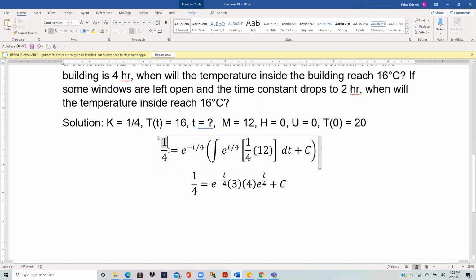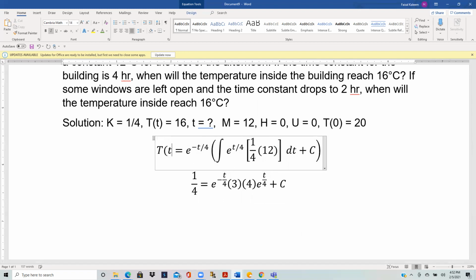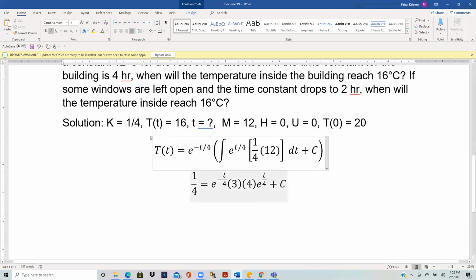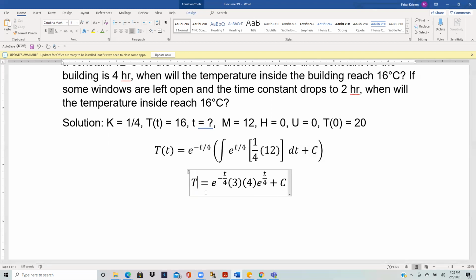In fact, this 1 over 4 right now, just leave it as k. Don't substitute this yet. Do it after you found the constant. So T of 0. Now substitute 0 here. This is T of t. And now we substitute T of 0 equals 20.